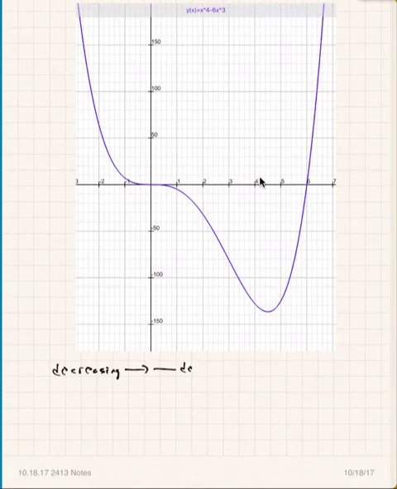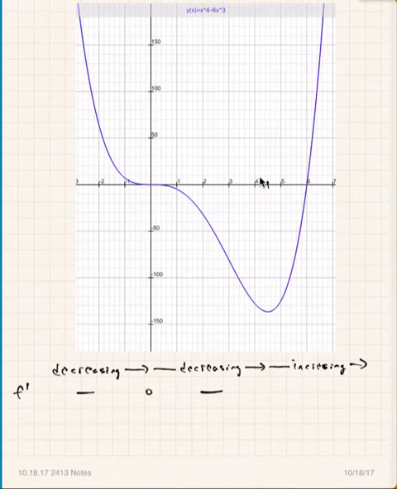And then it continues decreasing again until you get to, sure enough, 4.5 right there. And then at 4.5, the graph starts to increase. So the derivative should be negative until you get to 0, and then still negative afterwards until you get to 4.5, and then positive. That's exactly what we got when we looked at the analysis a minute ago.